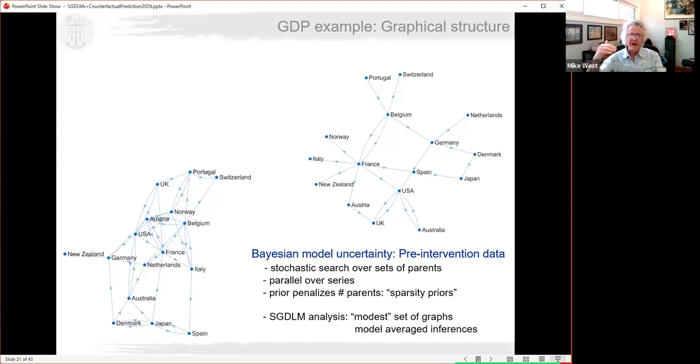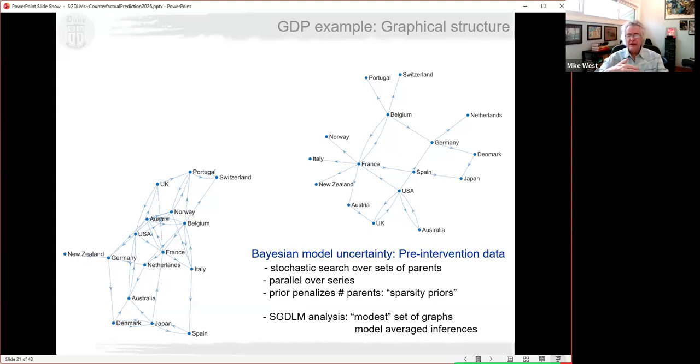But it's nice because you break it down to univariate dynamic linear regression. You would generally want to have penalization for complexity. Nobody wants all of the arrows in this graph. And traditional sparsity priors give you complexity penalties. And so that's basically what we do.